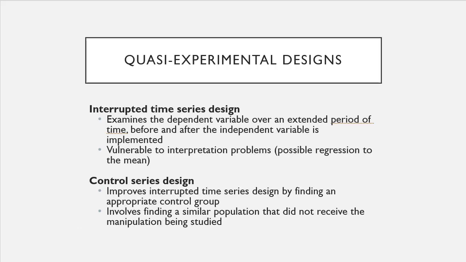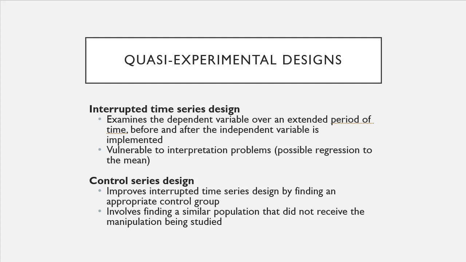When we're talking about quasi-experimental designs, we've talked about the pretest-posttest groups, the non-equivalent pretest-posttest groups design. We can also talk about using something called an interrupted time series design, which is where we watch a behavior for a long time, and then we introduce an intervention, and then we track to see if the changes made a difference.